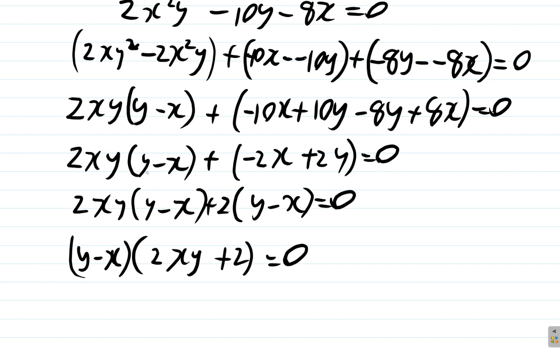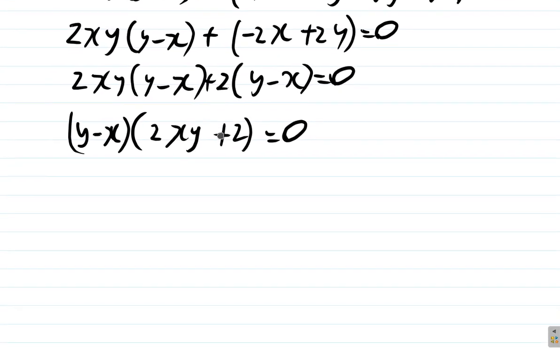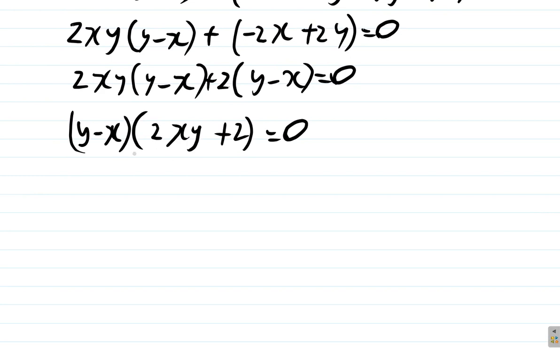Alright? Now here, we have two things multiplied and they give us 0. Y minus x multiplied by 2xy plus 2 gives us 0. What that means is one of them must be 0 or the other is 0, because 0 times anything is 0. Or maybe both of them are 0. So if y minus x equals 0, then y equals x.